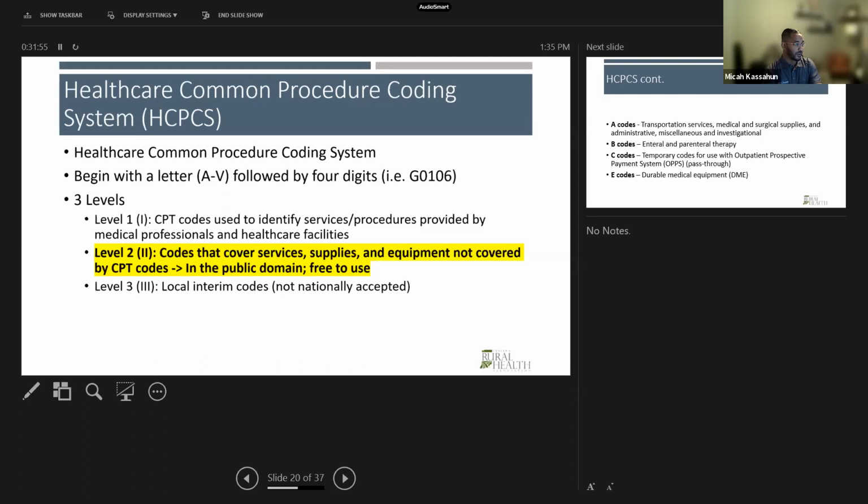So level 1, these CPT codes used to identify services or procedures provided by medical professionals and healthcare facilities. This may sound a little confusing, but a lot of times CPT codes and HCPCS can be interchangeable. It just depends on what is actually going on with the patient. And they've established specifics in how to understand them.